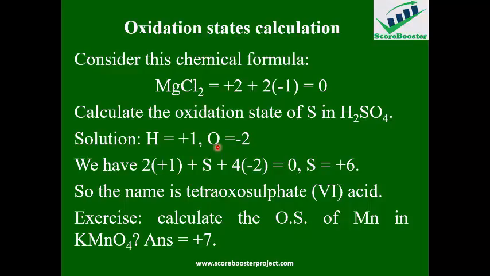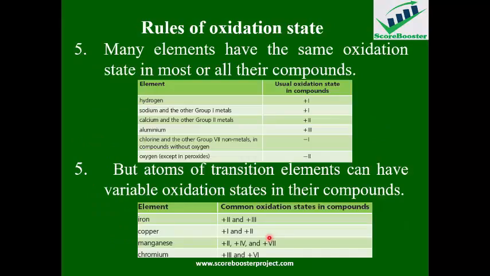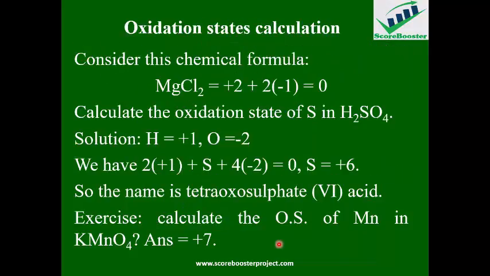So having understood that, calculate the oxidation state of manganese in this case. Don't forget, we have said manganese can be 2, 4, or 7. I'm not telling you to cram all these tables; it's just to give you a guide. This is a group 1 element, potassium, so you have +1. This is a non-metal, with a deficit of 2, that is -2.